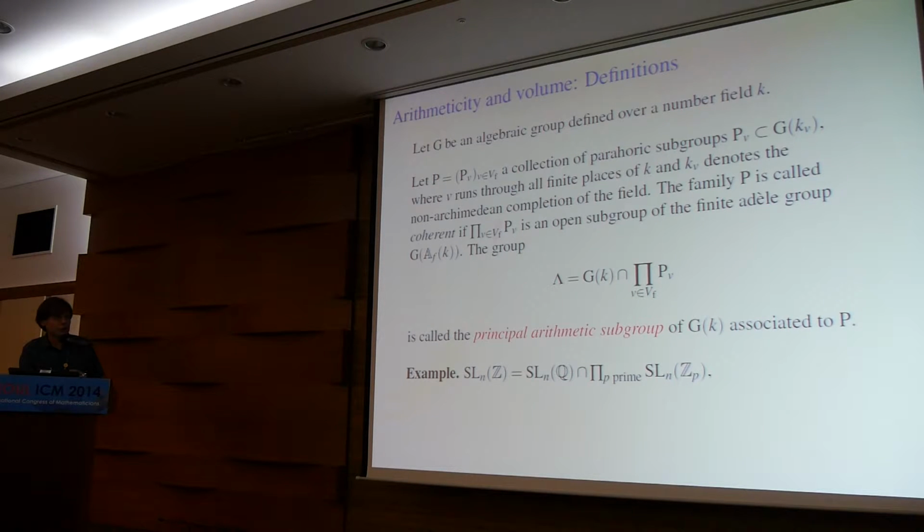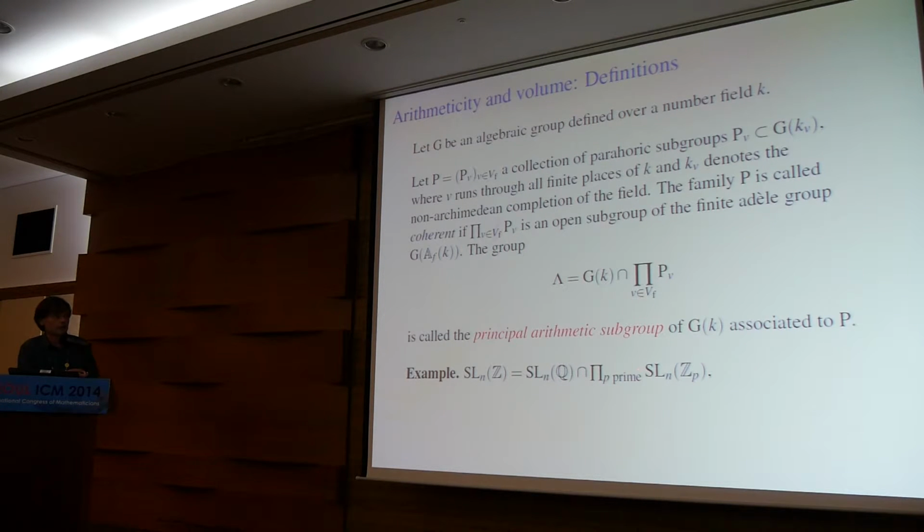So each intersection tells us that the denominators of these matrices should not be divisible by a prime p. And as we run through all primes, the formula says that denominators are not divisible by any prime, so the entries are integers. Well, this is a pretty obvious example, but it can be generalized.